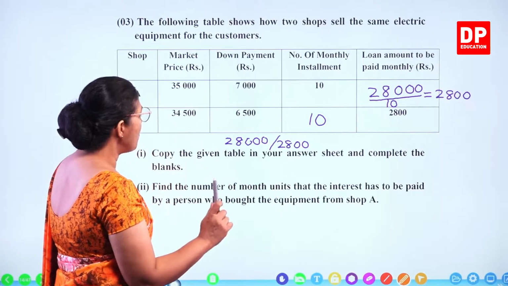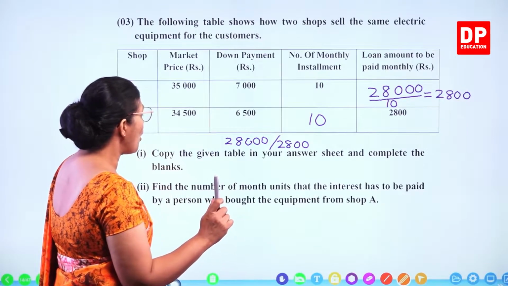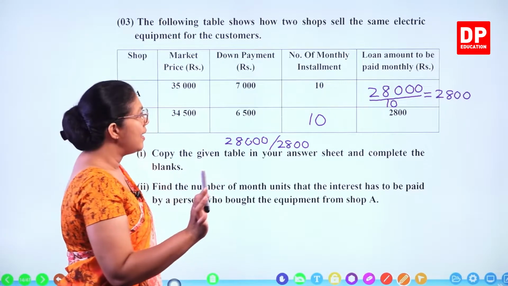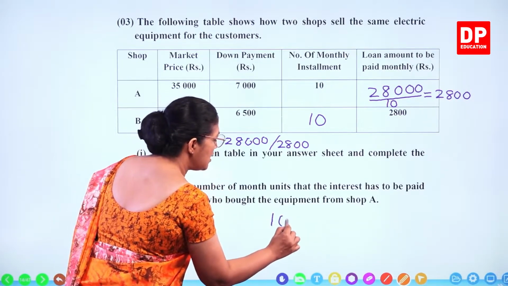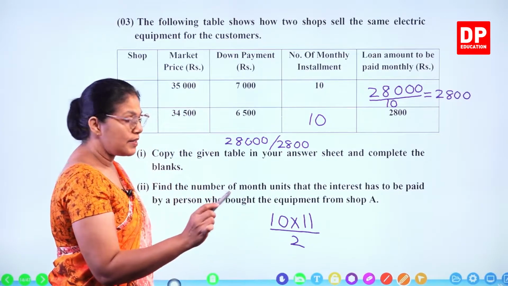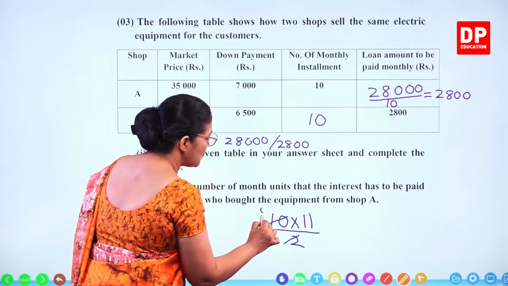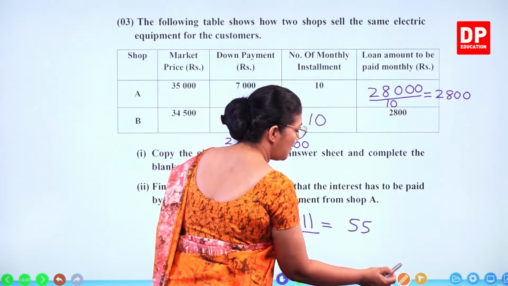Find the number of month units that the interest has to be paid by a person who bought the equipment from shop A. So 10 months means what's the month unit? 10 into 11 over 2. n into n plus 1 divided by 2. 11 times 5 is 55 month units are there.